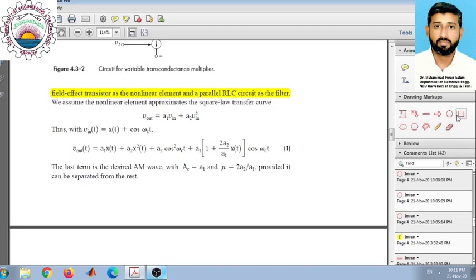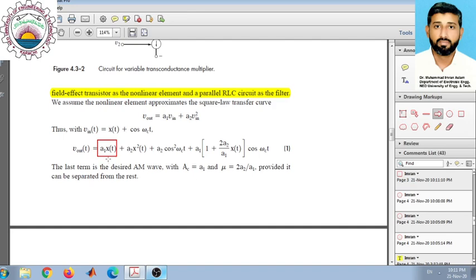So let me quickly discuss each term separately. The first term is xt, which is representing the message signal. If you look at the frequency domain view, its spectrum would be the same as the message signal spectrum.